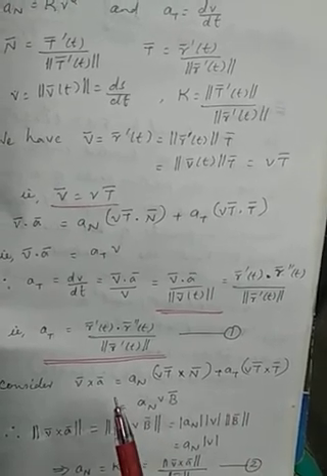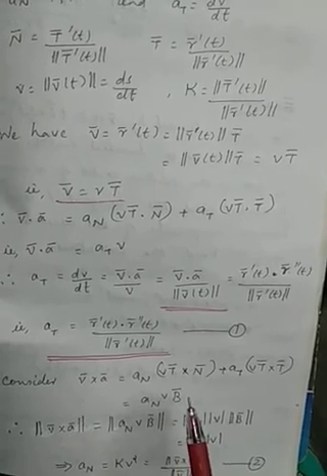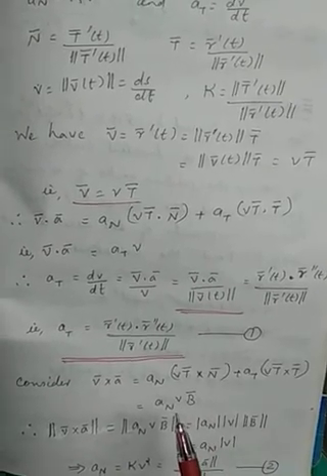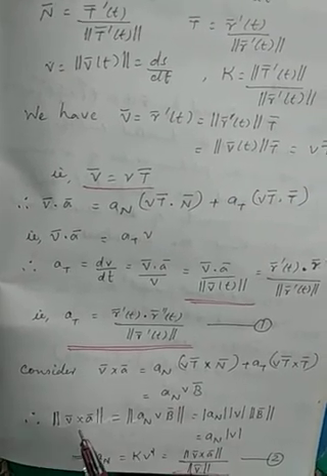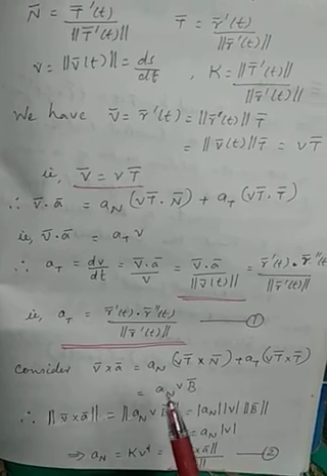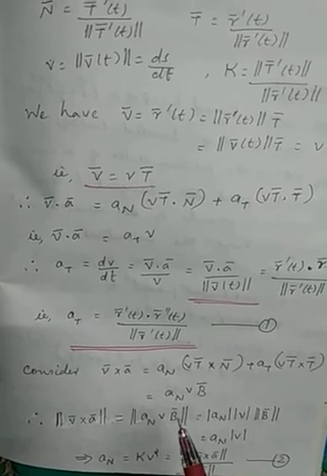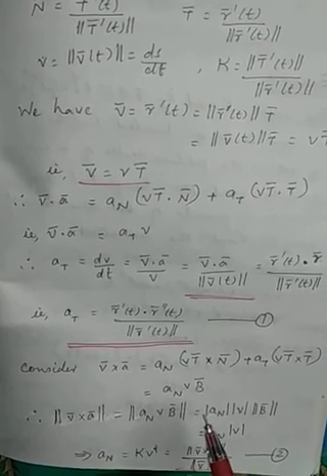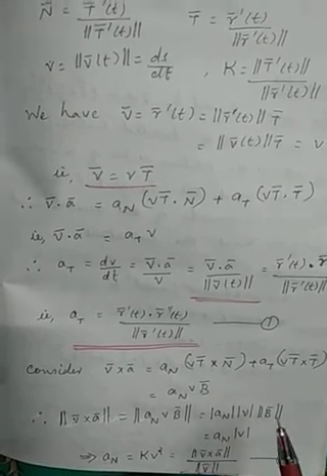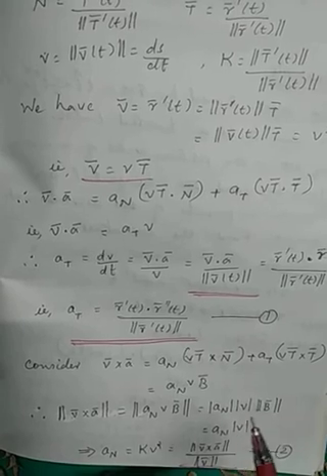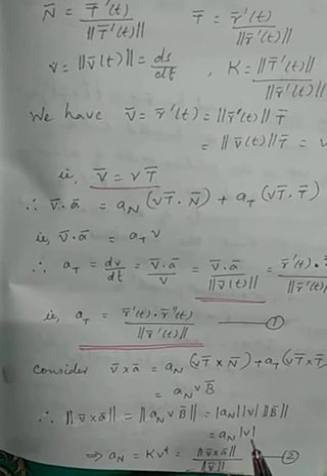So we have V cross A is equal to An into V into vector B. So from this we have norm of V cross A is equal to norm of An into V into vector B. An and V are scalars, so this is equal to modulus of An into modulus of V into norm of B.